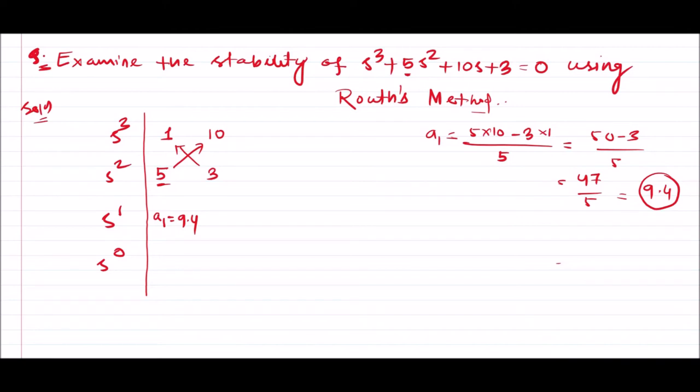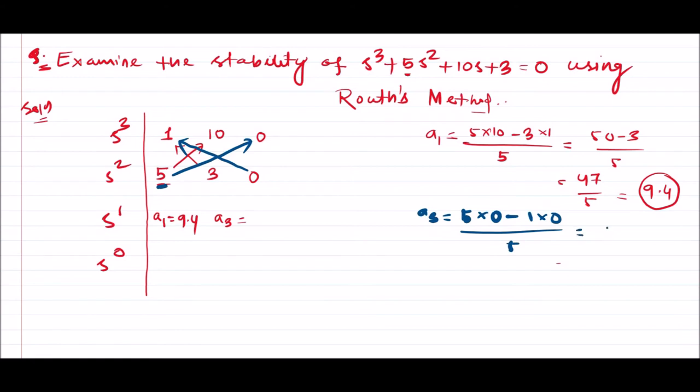Next we will find the value of a3. We know that these particular values are 0 in these two rows. So a3 can be calculated as (5 × 0 − 1 × 0) / 5, and the result is 0.